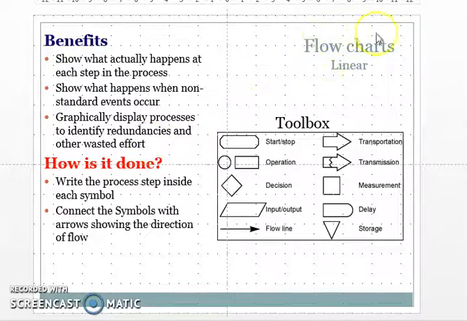For that purpose this flowchart is necessary, and already we have seen you write a process step by step inside this symbol, and connect the symbols with arrows showing the direction of it. This is the simplest tool which is used by a quality control engineer.